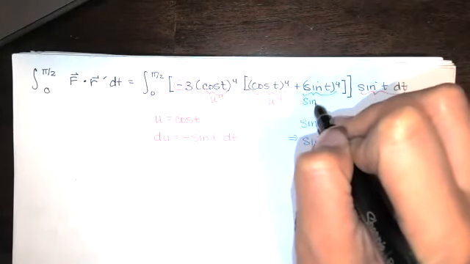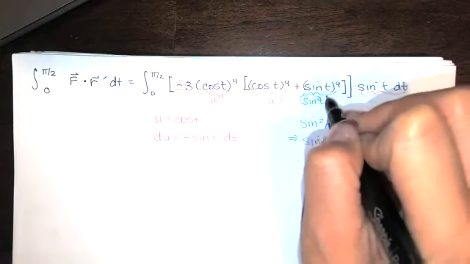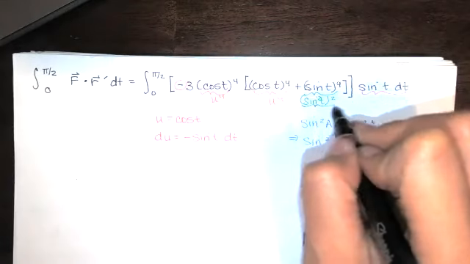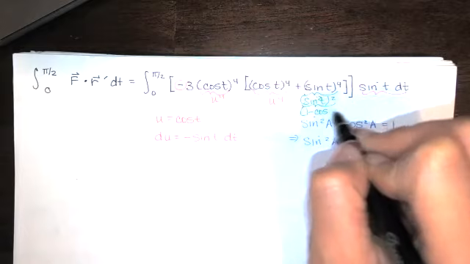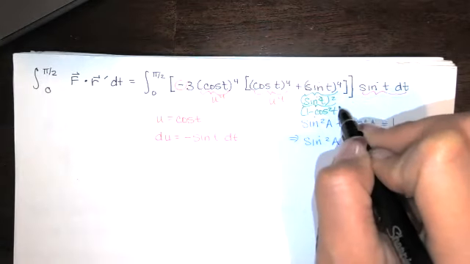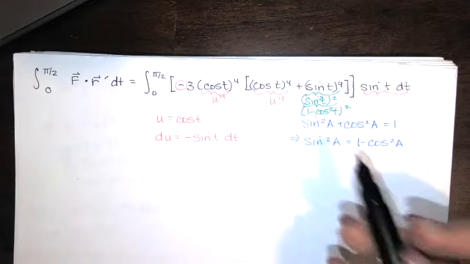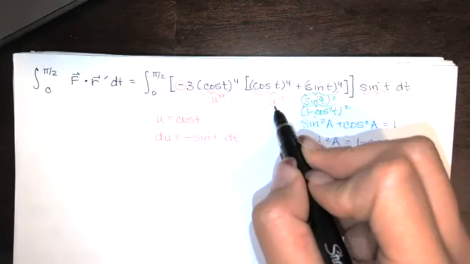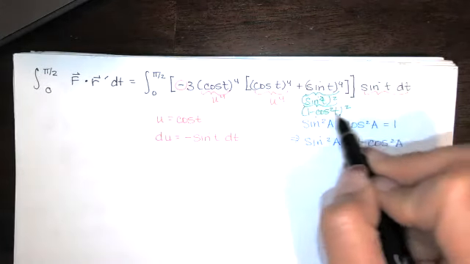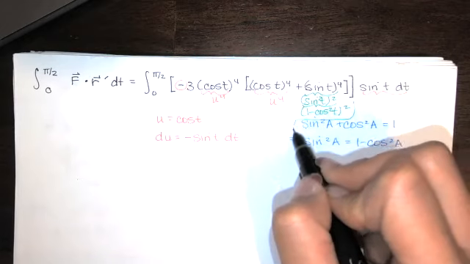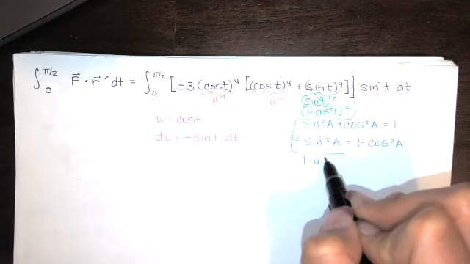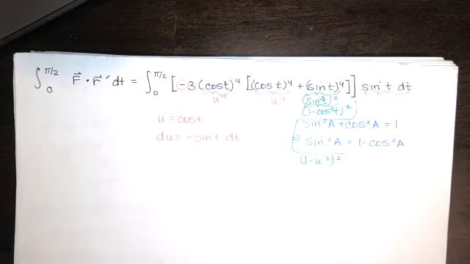So I'm saying that that is sine squared, and that is 1 minus cosine squared t. So I've got 1 minus cosine squared t, and I'm squaring it there. And remember, cosine of t is our u, so that's going to be a 1 minus u squared, quantity squared.